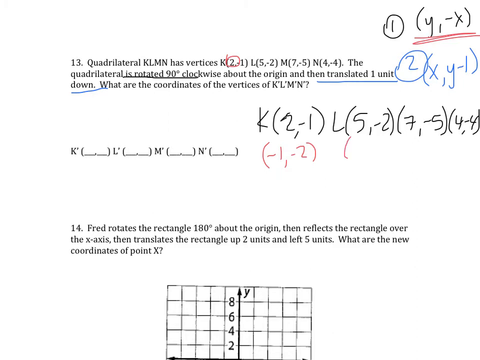Then I'm going to use the same rule, so negative 2, negative 5, negative 5, negative 7, and then negative 4, negative 4. But I'm not done, so now I have to do this second part. My x stays the same. My y, I'm going to subtract 1 from it.